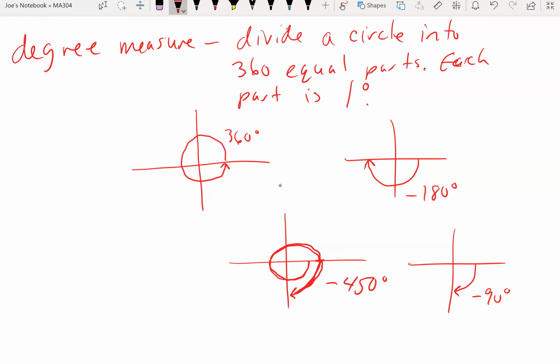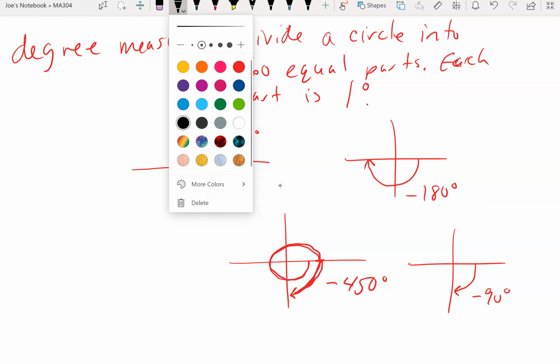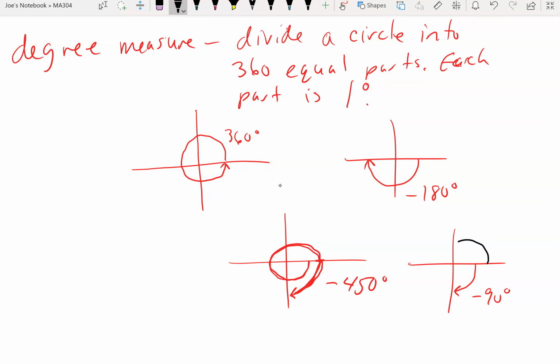It's just, did it spin all the way around once or not? Or if I measured it this way, what would you tell me? It'd be positive 270, positive because we went counterclockwise and we went around 3/4 of the way. We okay with that?